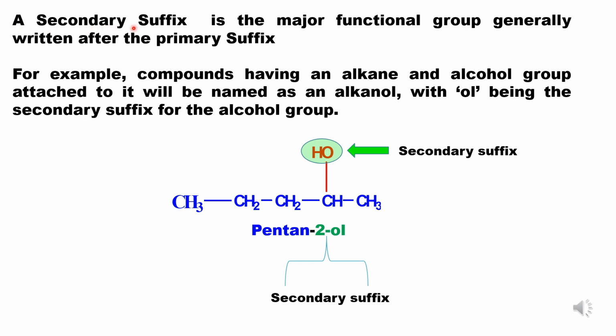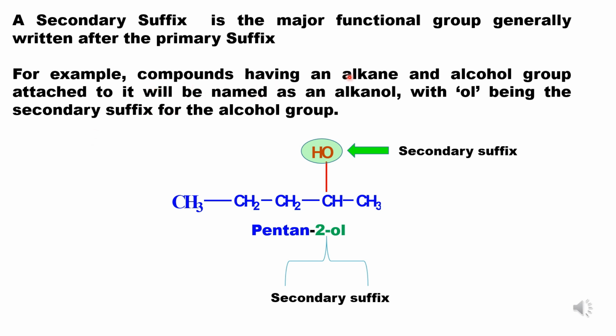Let's discuss the secondary suffix. Generally, the secondary suffix is the major functional group which will be written after the primary suffix. Here you can see the example, pentan-2-ol, also called 2-pentanol. The 2 indicates the position at which the hydroxy or alcoholic group is present.